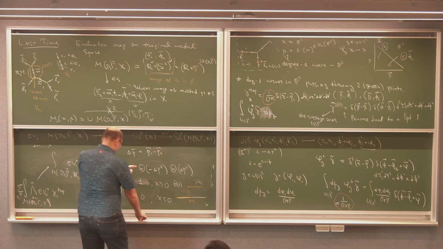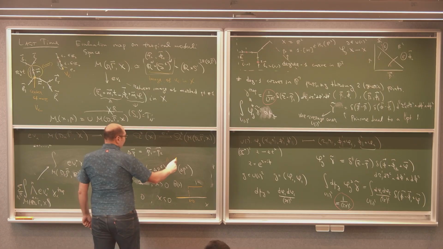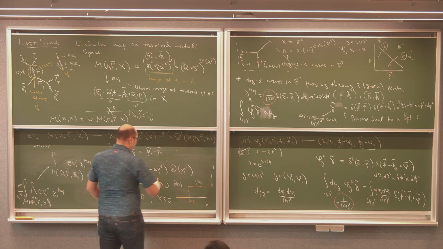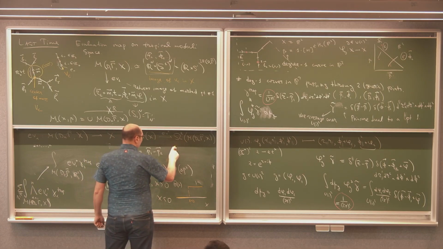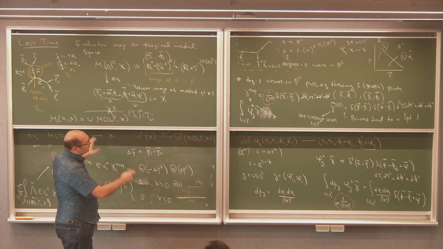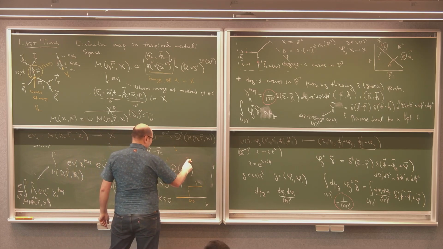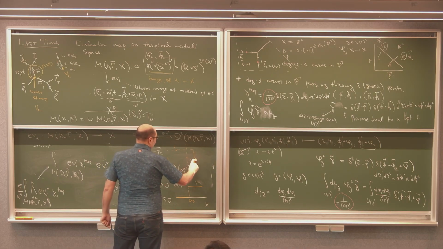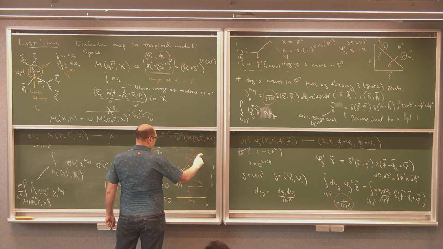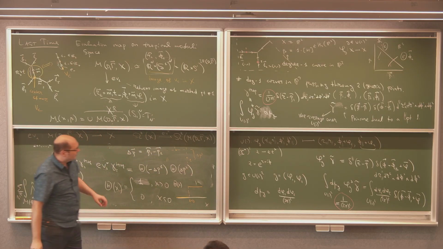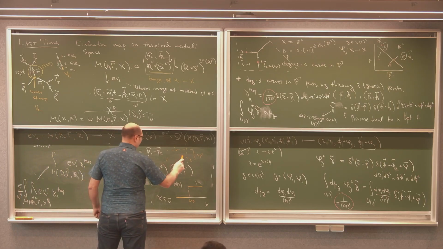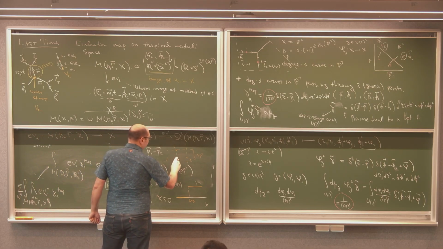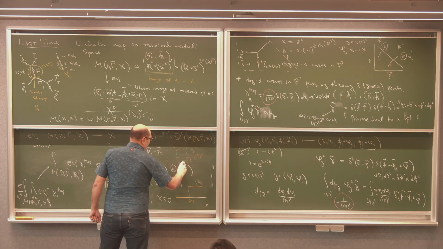So this contribution is non-zero only in the situation where point 2 is above and to the left of point 1. That is delta rho 2, the difference in vertical position, and this part is delta rho 1.